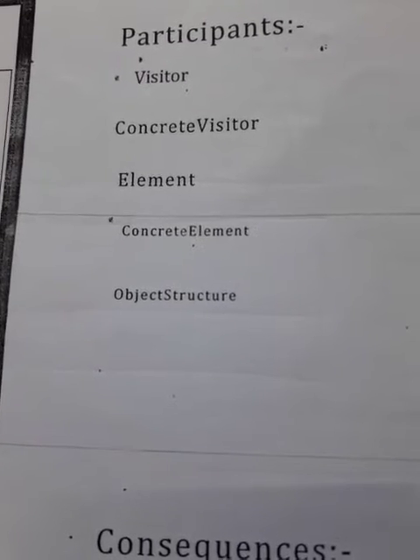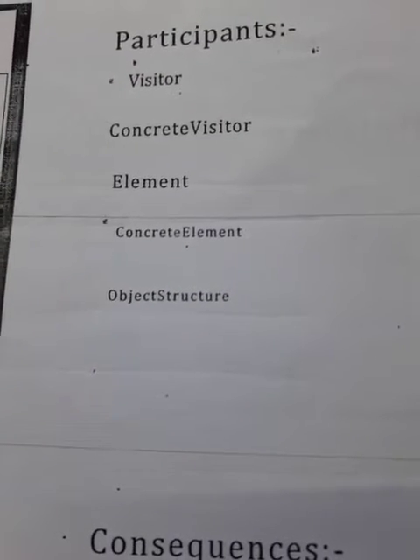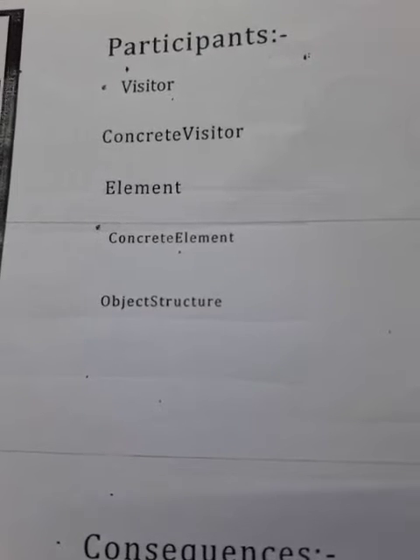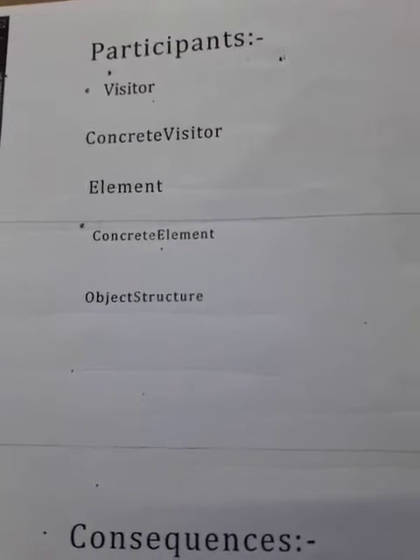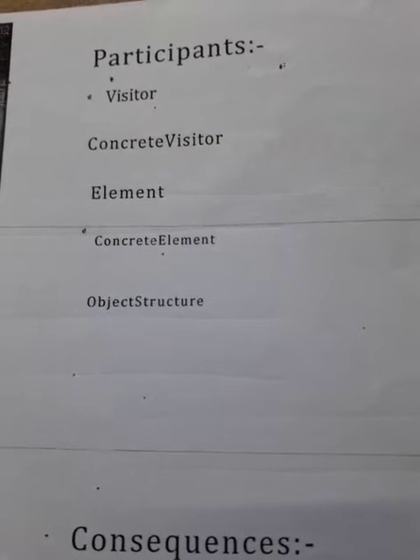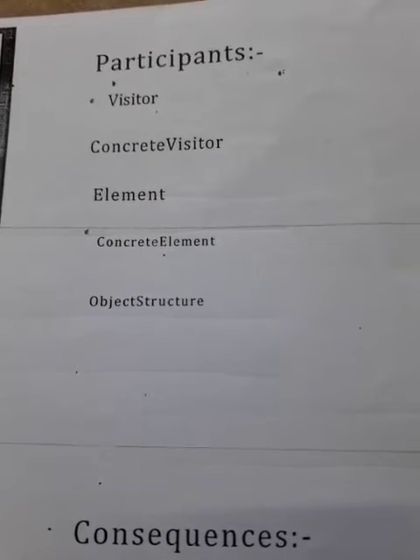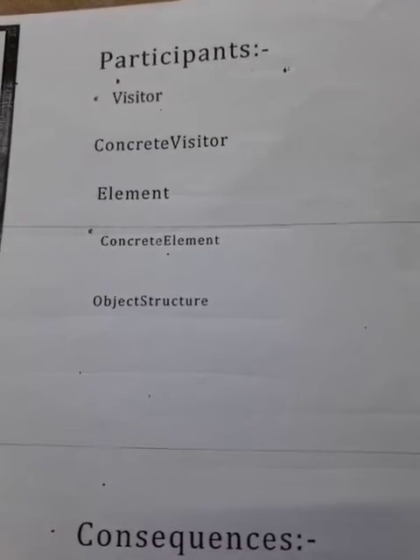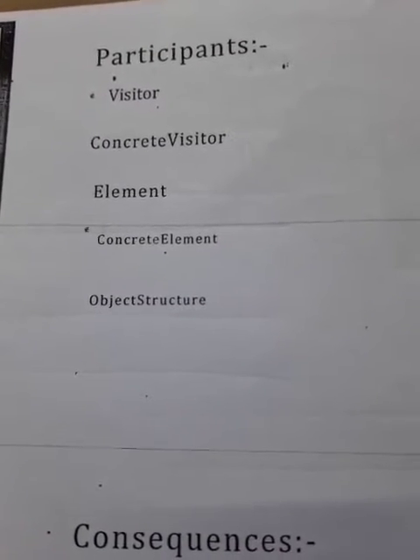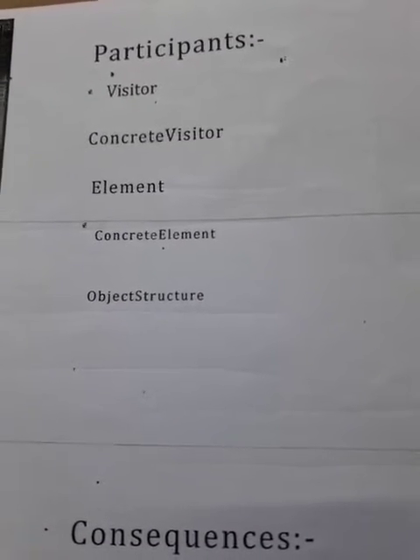The state often accumulates results during the traversal of the structure. Coming to the element, it defines an accept operation that takes a visitor as an argument. And the concrete elements, such as an assignment node and a variable reference node, implement an accept operation that takes a visitor as an argument.